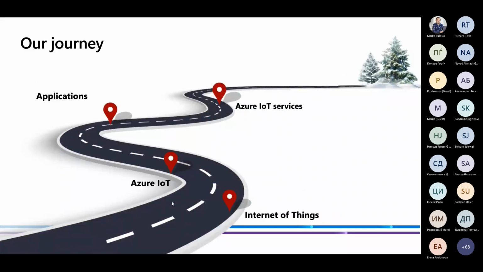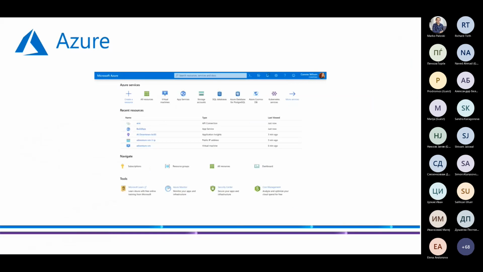So here we are, and now we are going to speak about Azure. First of all, Microsoft Azure is a cloud platform that has more than 200 products and cloud services designed to help us bring new solutions to life and to solve today's challenges.